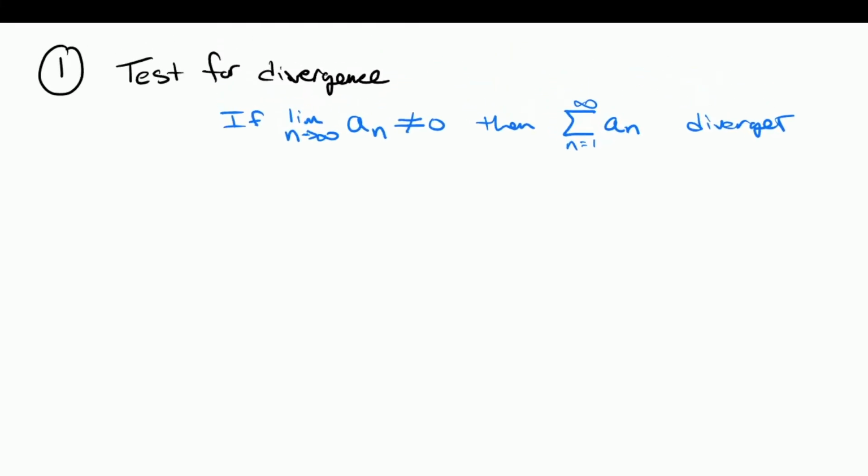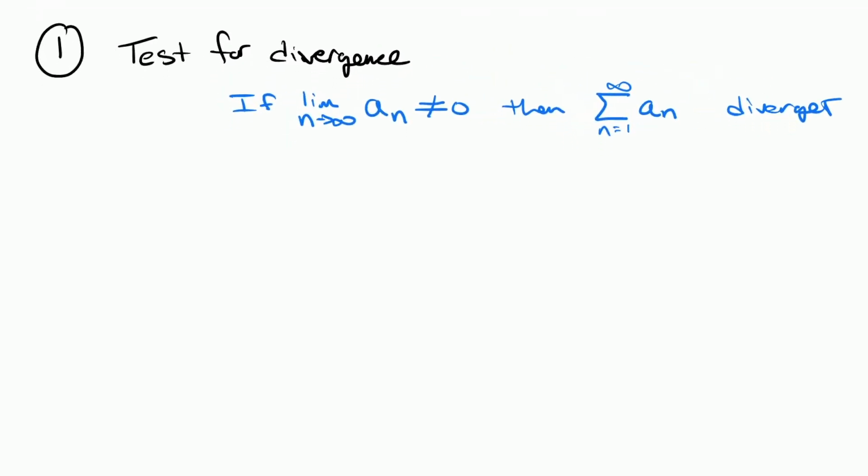That's what the test for divergence says. It is a test for divergence. It is not a test for convergence. Basically, you're just weeding out all the series that definitely don't converge.